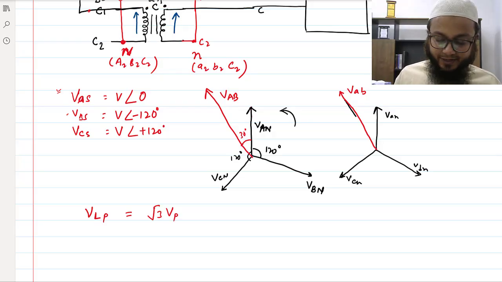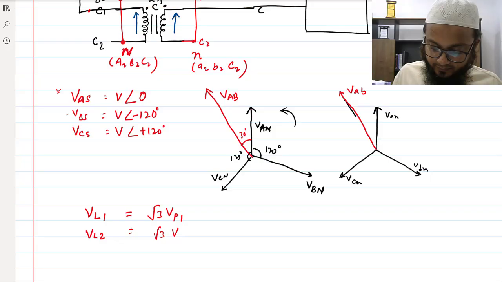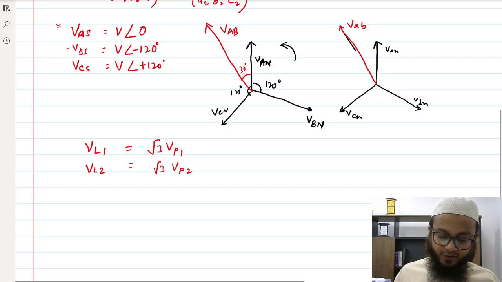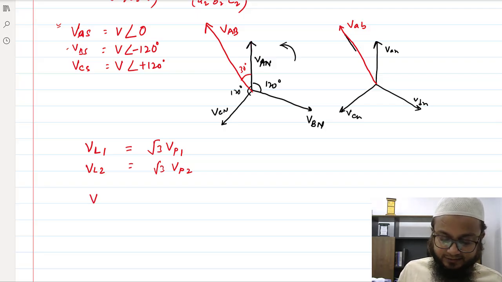Line voltage of the primary side is root 3 times of the phase voltage of the primary, or I would say V line of primary with 1 and V phase for primary we will write with 1. And what about V line of the secondary? It would be root 3 times of the V phase of the secondary.